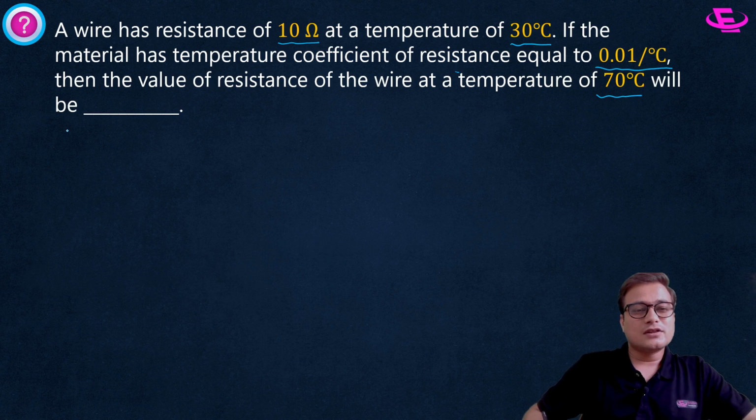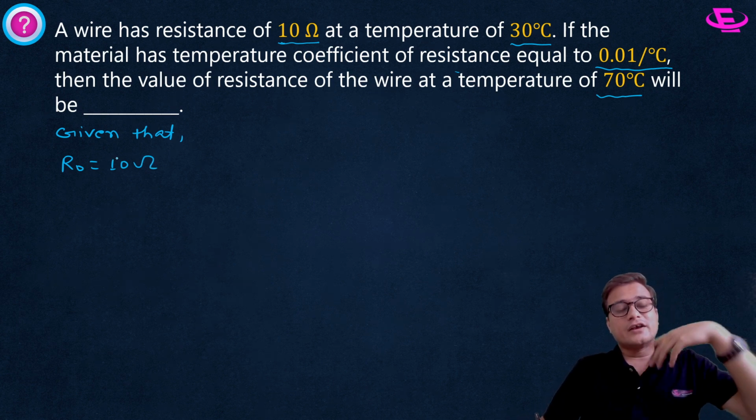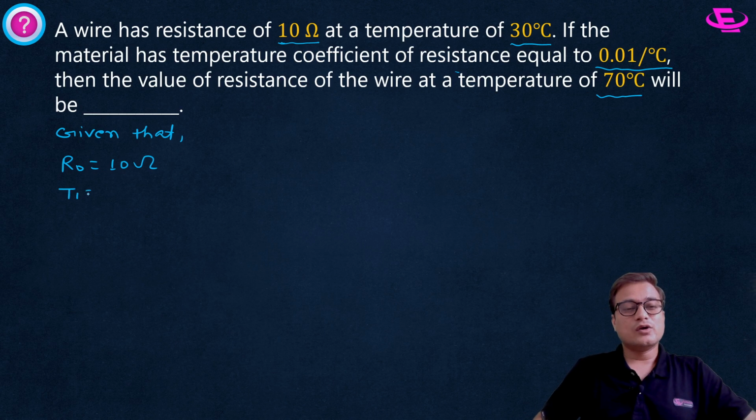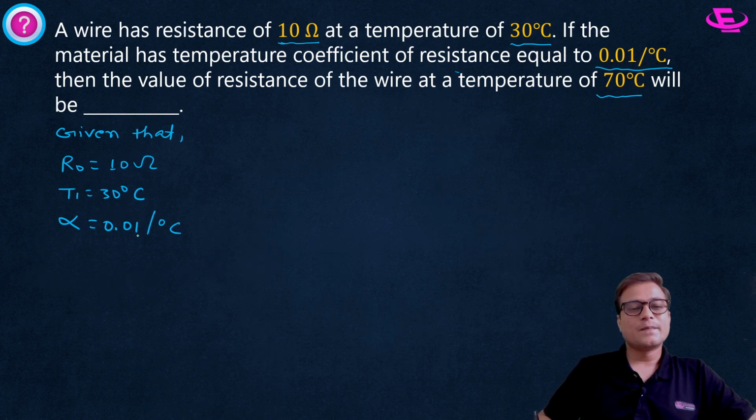If you solve the question in an examination, you have to solve it like this. Write all the terms given. The wire has a resistance of 10 ohm, that means the initial resistance is 10 ohm at a temperature T1 equal to 30 degrees Celsius. The material has temperature coefficient of resistance alpha equal to 0.01 per degree Celsius.